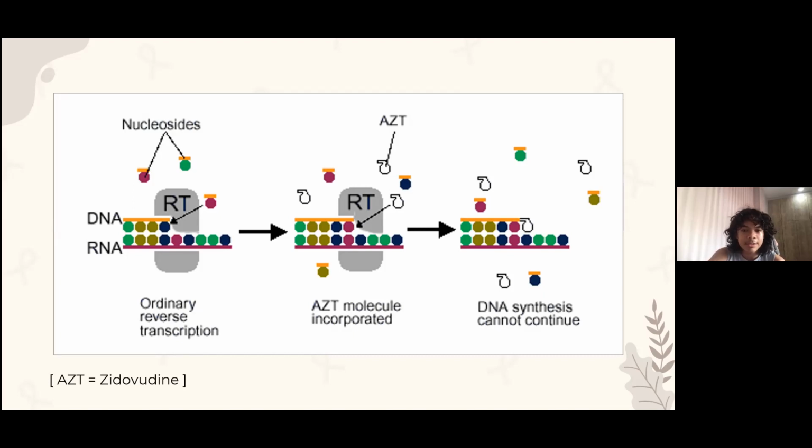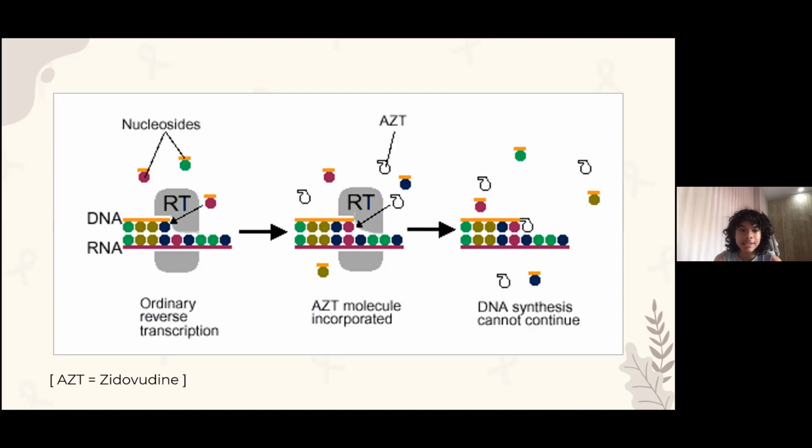Once this enzyme is activated, the conversion of viral RNA into single-stranded DNA can begin. The reverse transcriptase enzyme moves along the HIV RNA molecule and copies it into viral DNA through the incorporation of naturally occurring nucleosides.